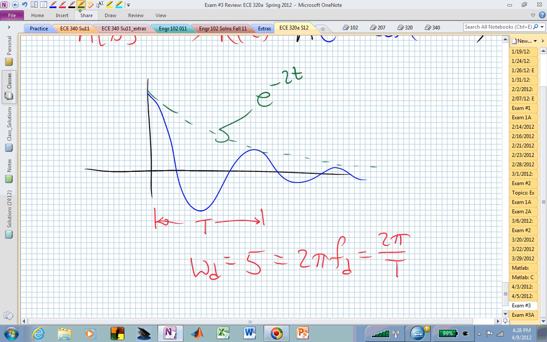And now if you needed to plot this in MATLAB, you might say, well, I want to really see what's happening, and so you may say, I want to put 30 samples in every cycle of that oscillation. And then you divide capital T by 30, and that's now your sampling period.